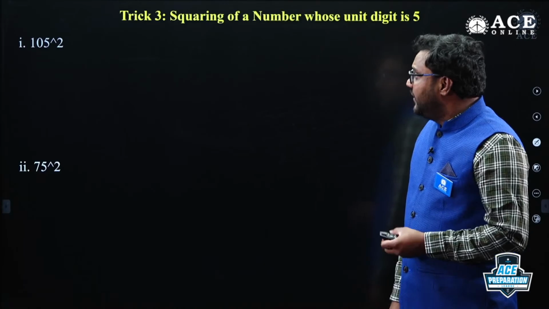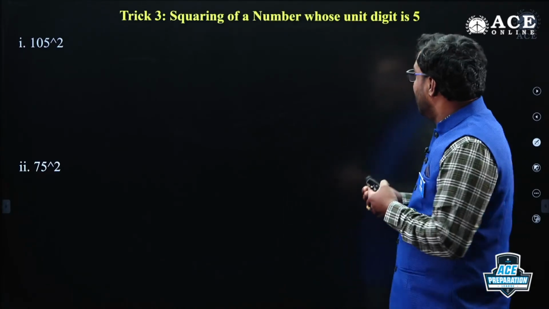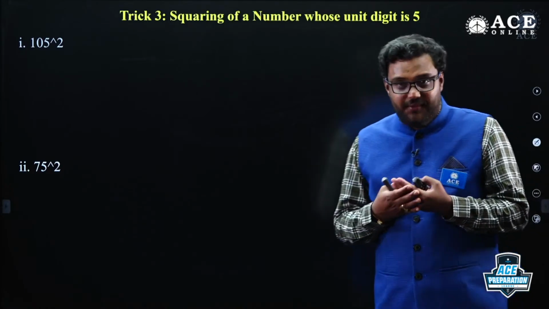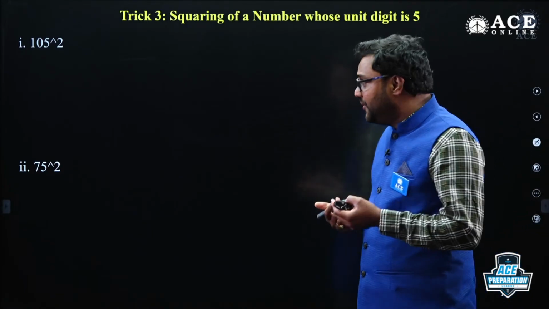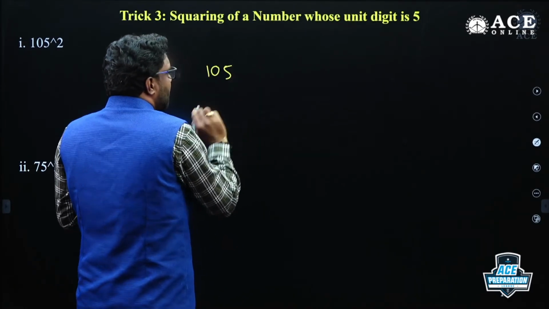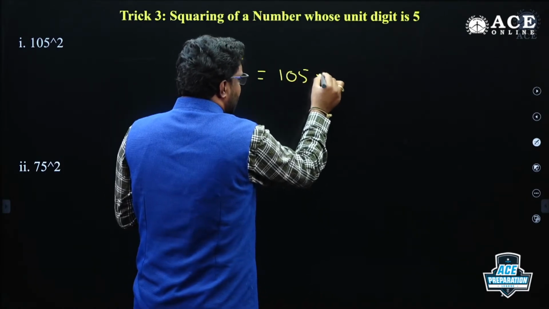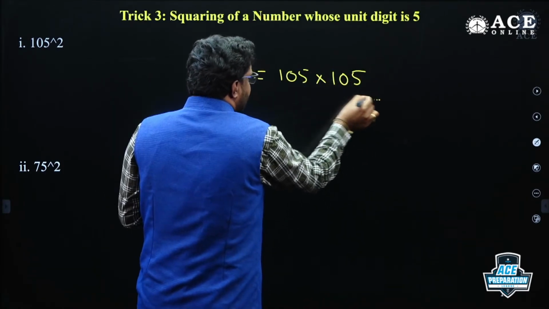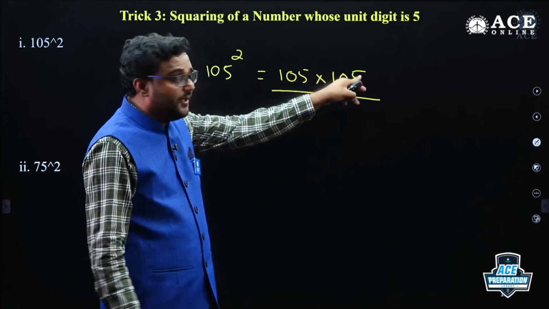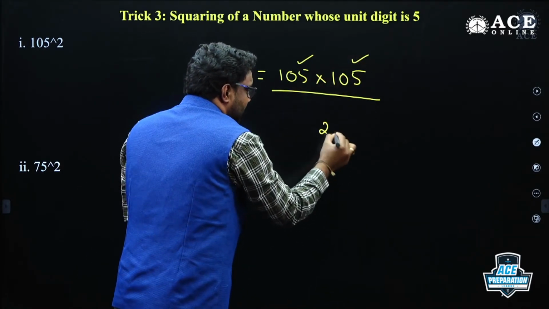Now see the next, third one, squaring of a number whose unit digit is 5. So here, 105 square, which is nothing but 105 into 105. First 5 into 5, this units place, you directly write 25.